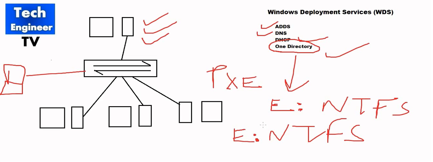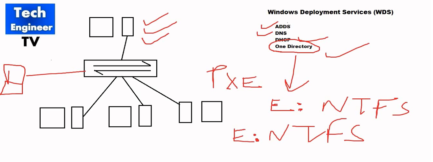If you want to use the C drive for the directory, it's not a good practice to use the system drive of a server. So it's better to have a separate volume formatted with NTFS and create a directory for WDS.